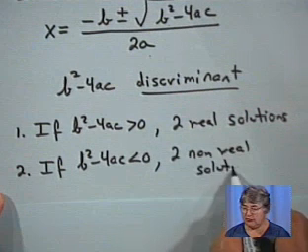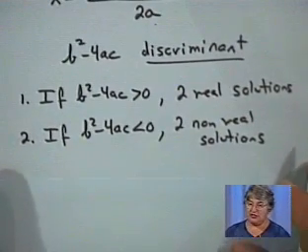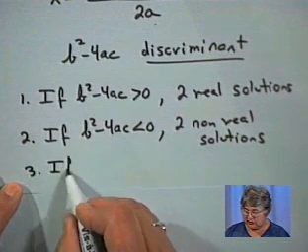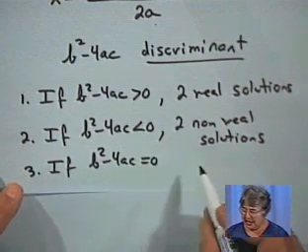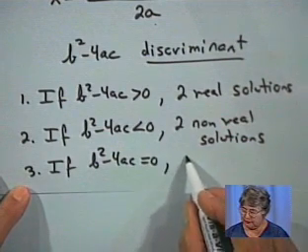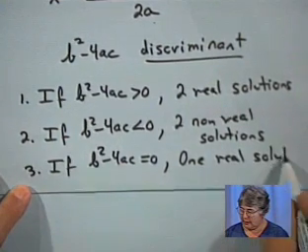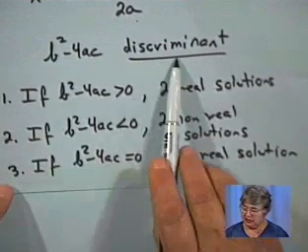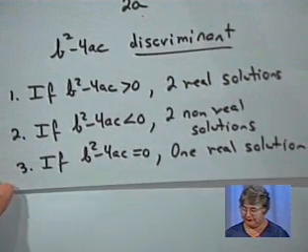And I like to call them non-real solutions rather than complex solutions, because we know that real numbers are also complex numbers. Finally, if that discriminant, b squared minus 4ac, happens to be equal to 0, then we have 1 real solution. So that number b squared minus 4ac, which is called the discriminant, tells us what kind of solutions we have. It's an important number. Okay.